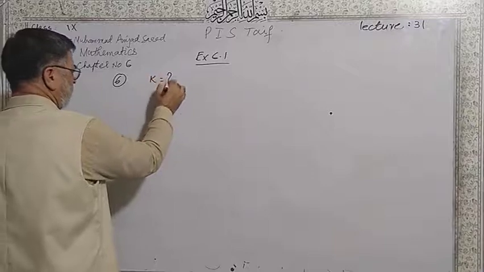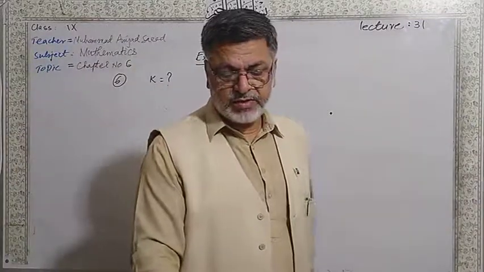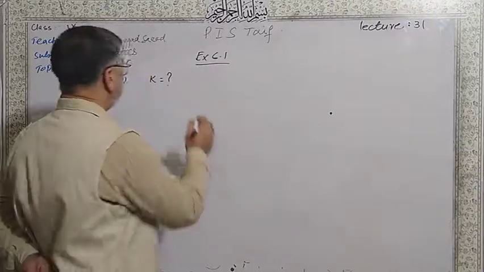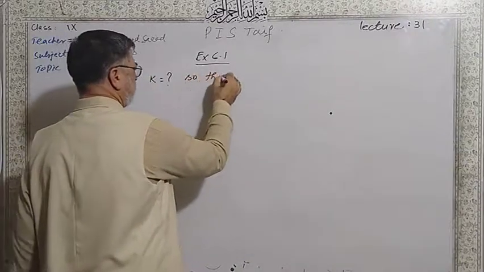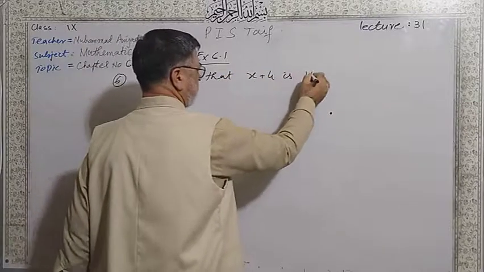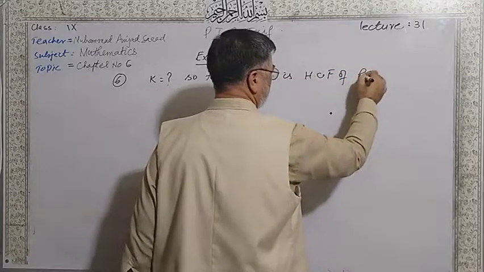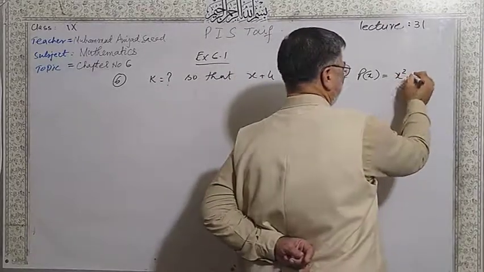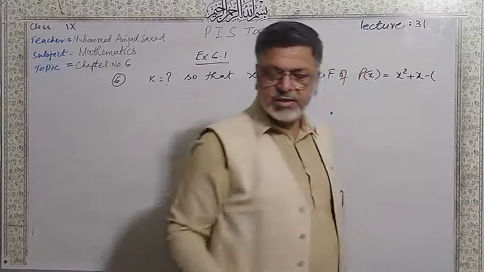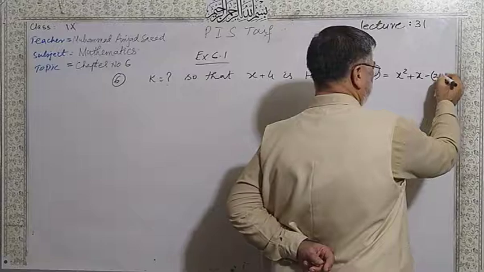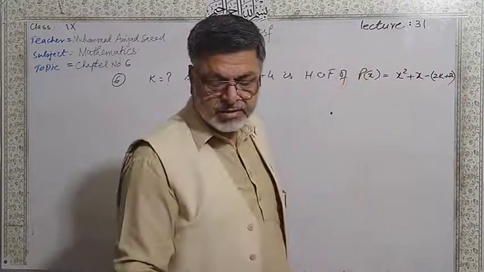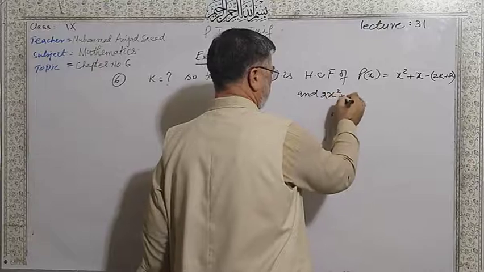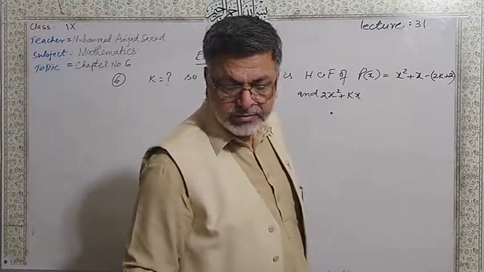For what value of k, x plus 4 is HCF of x squared plus x minus (2k plus 2) within the bracket, and 2x squared plus kx and minus 12.